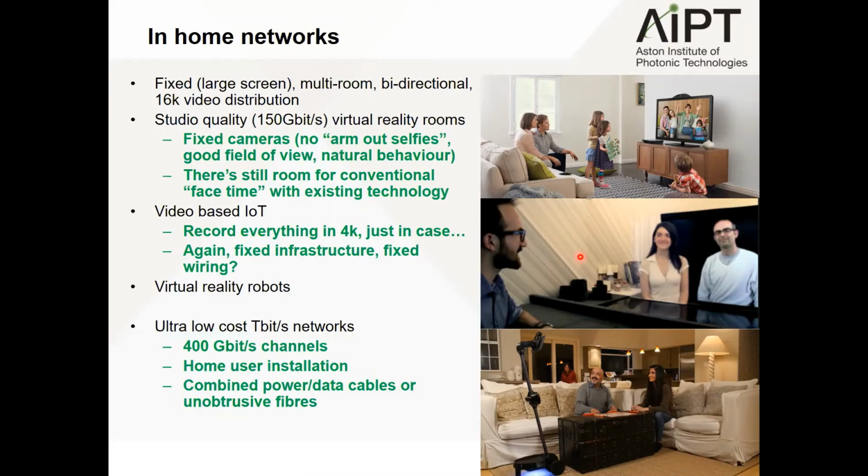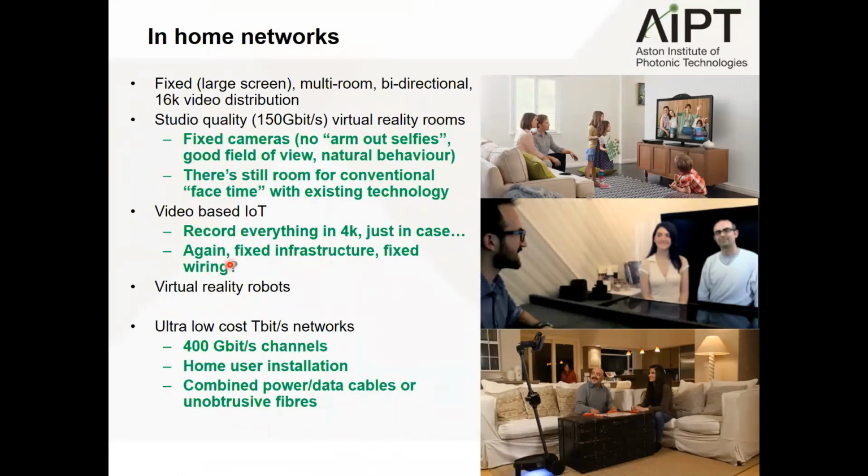We need to do this with fixed cameras, so you don't have unnatural posers. You don't have to be in a particular place. You can be lounging on your settee rather than sitting in front of the camera. I'm not saying that the sort of thing we're doing right now, the Zoom sort of thing where we are sitting in front of a camera, won't continue to exist. But in order to get this vision of family interaction, you need to not have to sit in front of a camera.